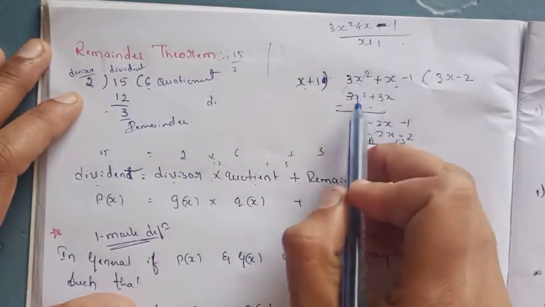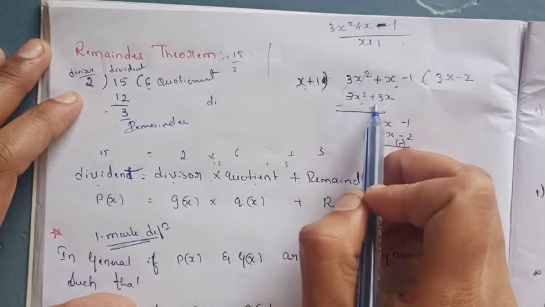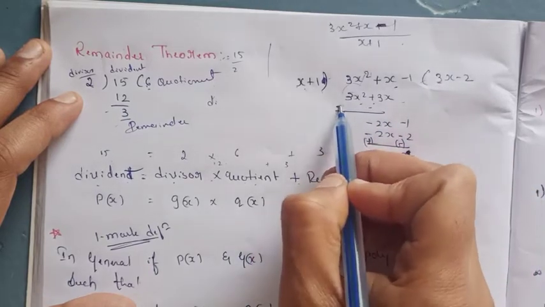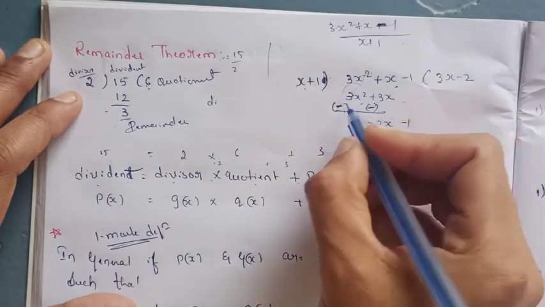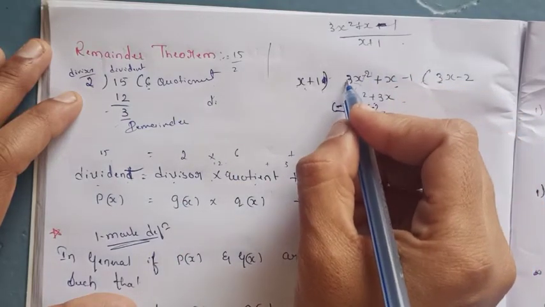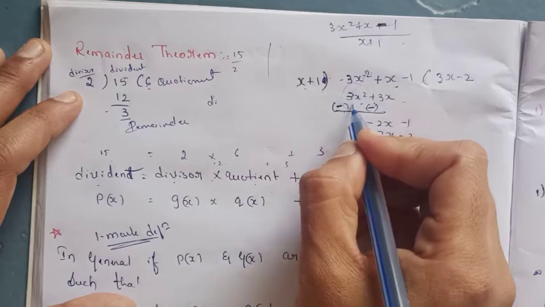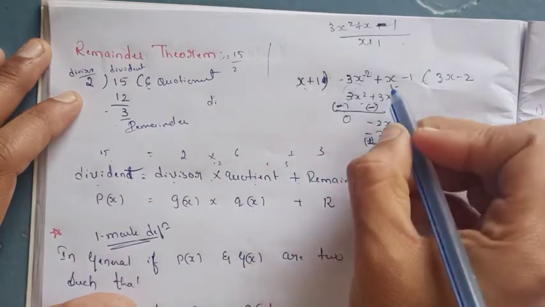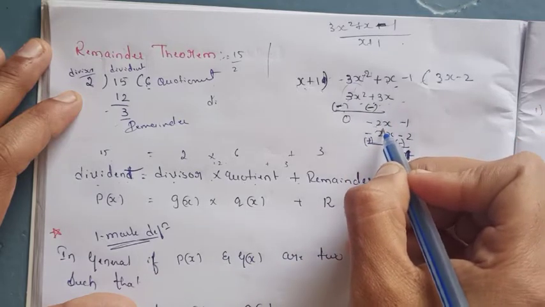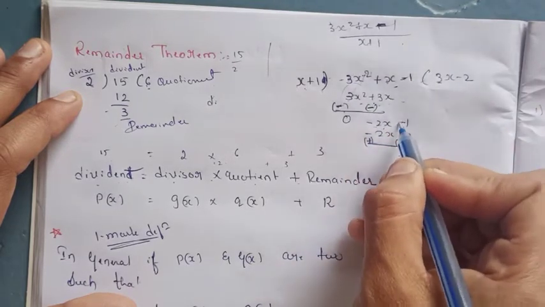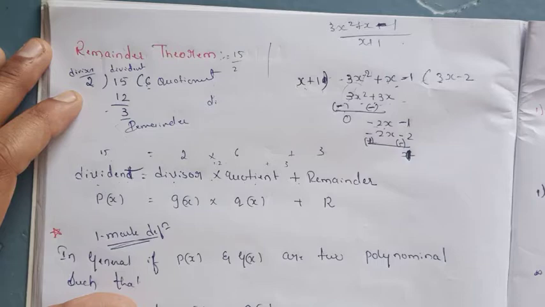X into 3x is 3x square plus 3x, and we should change the signs here, plus 3x square minus 3x square, we get 0. And next, minus x minus 3x is minus 2x, and the other term we take down.